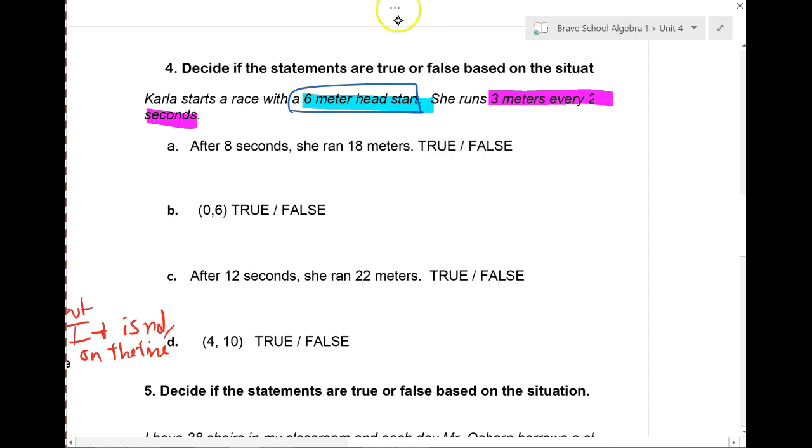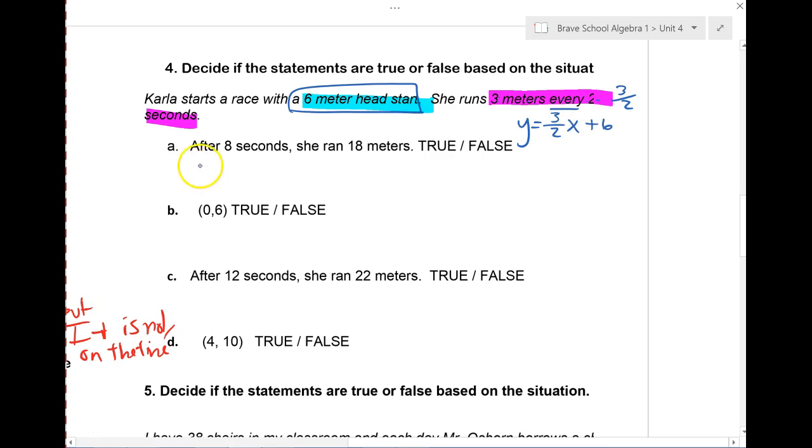Okay, that's our slope. Now careful here, because the slope is 3 meters every 2, and remember, if it's 3 meters every, or each, or whatever this word is, and then there's a number after, it's going to be a fraction, 3 over 2. Okay, so 3 over 2x plus 6 is our equation.